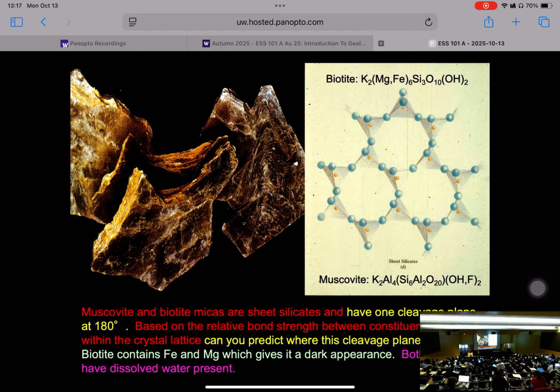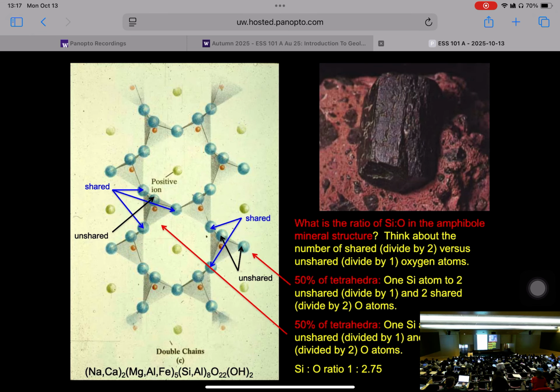We're going on down. Biotite and muscovite, the micas, the sheet silicates. Like the amphibole structure, because of the fixed lattice structure, when you're looking at the crystal structure, there are 2 cleavage planes with amphibole, and they're 2 not at 90, right?